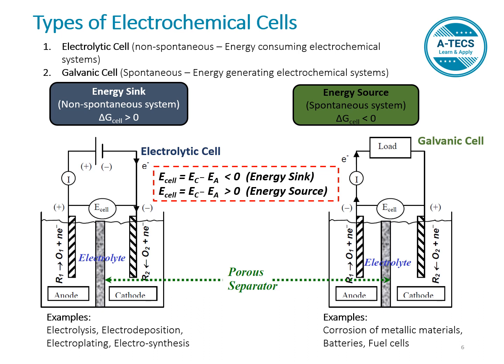Electrolytic cells are the energy consuming electrochemical systems. Examples of these electrolytic cells are electroplating and electrowinning processes.